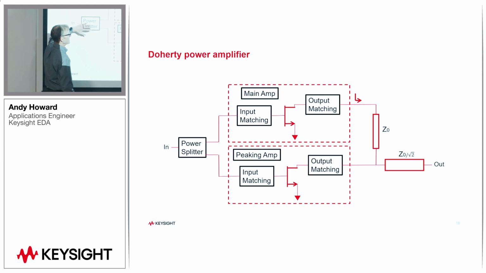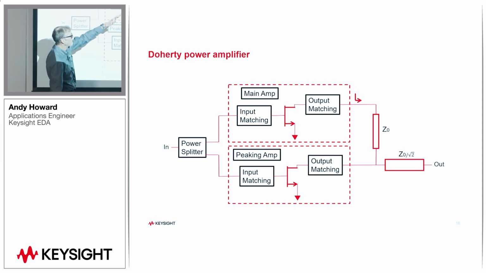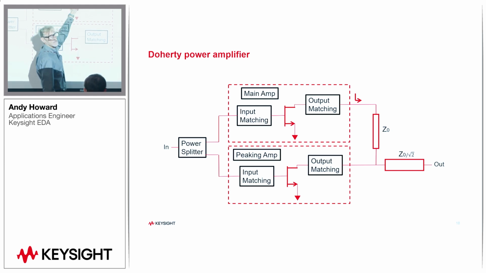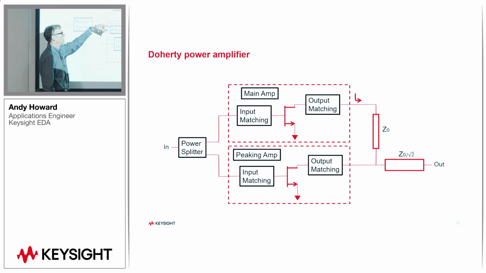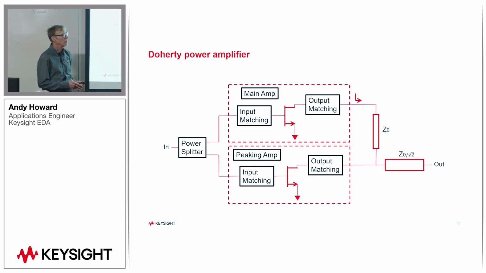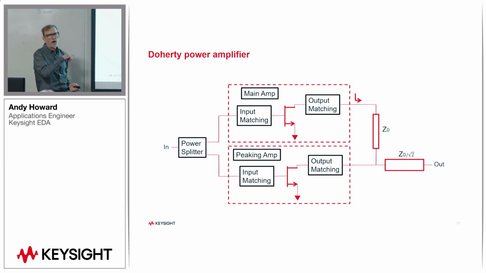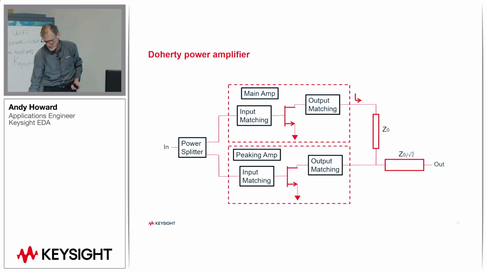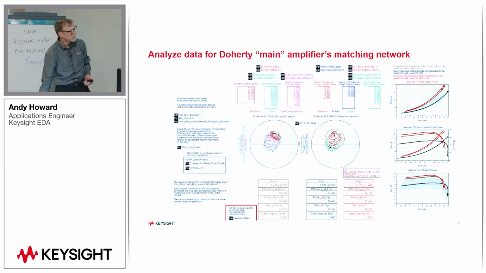When the input signal is high, the peaking amplifier is on. You want the main amplifier to supply more power to the power combining network, and for that to happen, you want this to be Z-opt. So the impedance seen by the main amplifier transistor changes depending upon the input power. And that's what this is meant to help you understand, just to see what those impedances are.